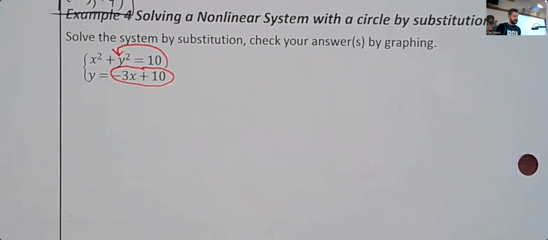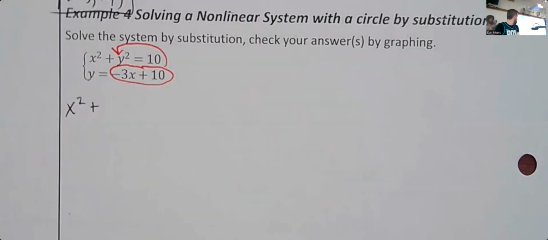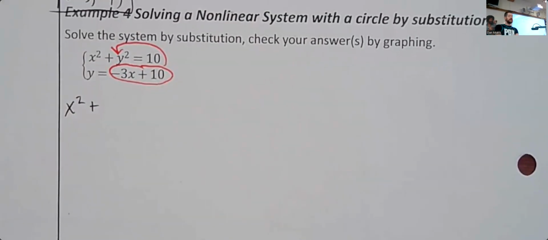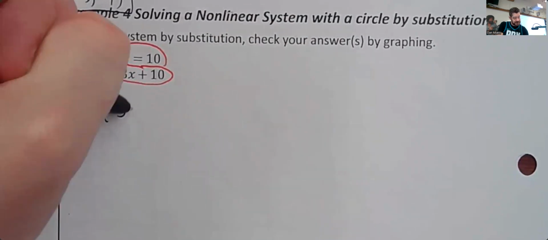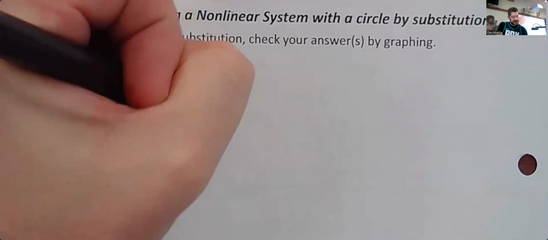We're going to rewrite that first equation as x squared plus, and when you write the negative 3x plus 10 in for y, put it in parentheses. So we're going to have negative 3x plus 10 squared equals 10.